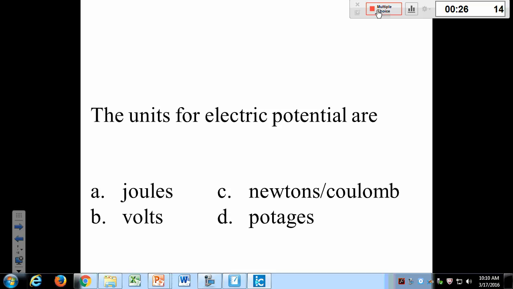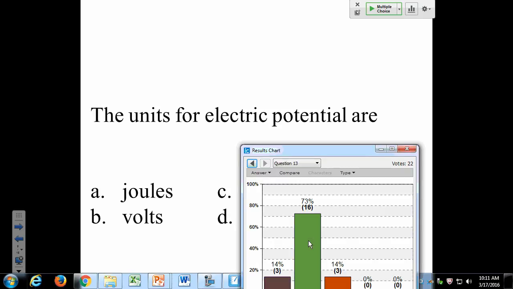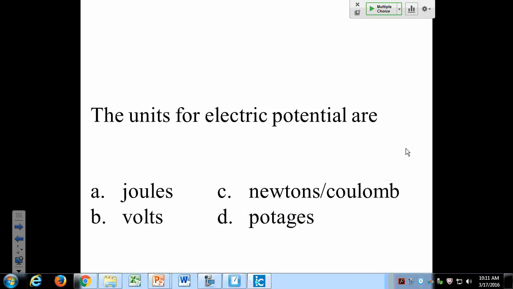All right, I'll stop at 33. It's volts. And remember also that a volt is also equal to a joule per coulomb. So this refers to gravitational or energy. This refers to electric fields, and this is just something I made up.